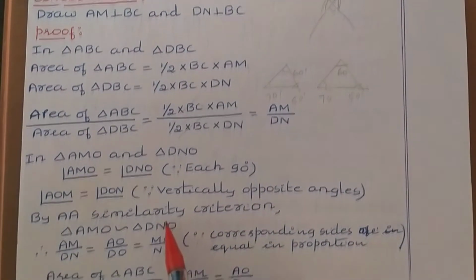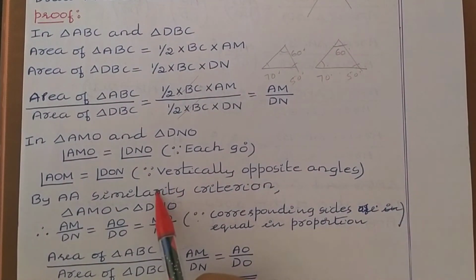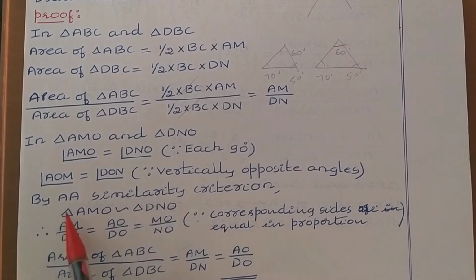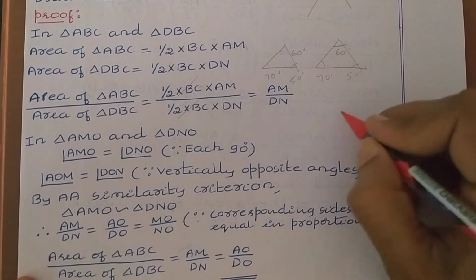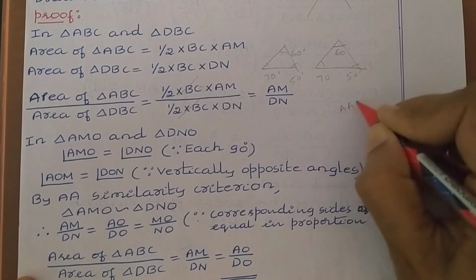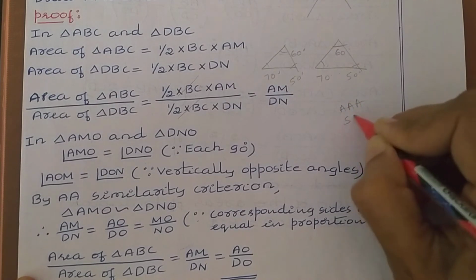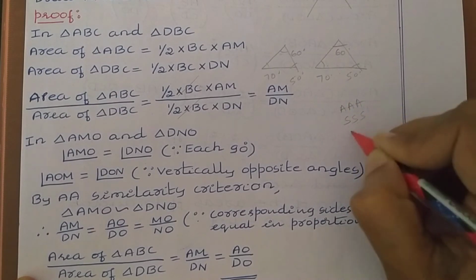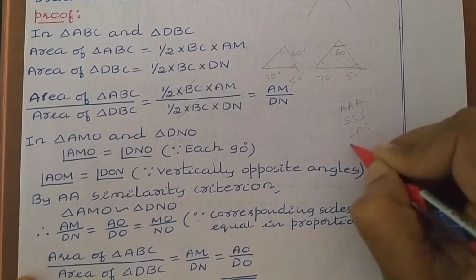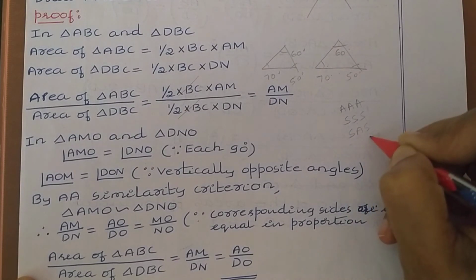So we are not going to write the third angle equality. Instead of that, we just write here AA. When you consider the similarity criteria of triangles, we have the AAA similarity criterion, then the SSS similarity criterion, and then the SAS similarity criterion.